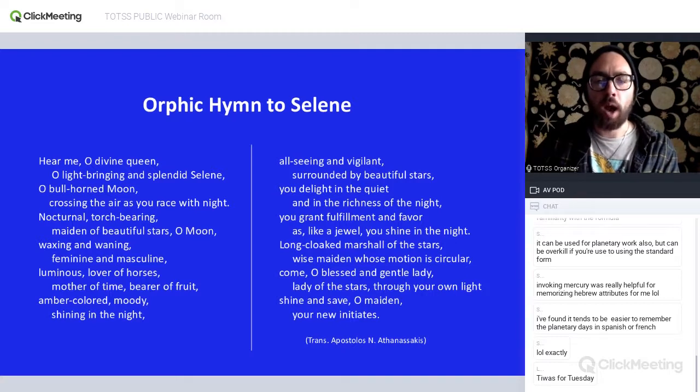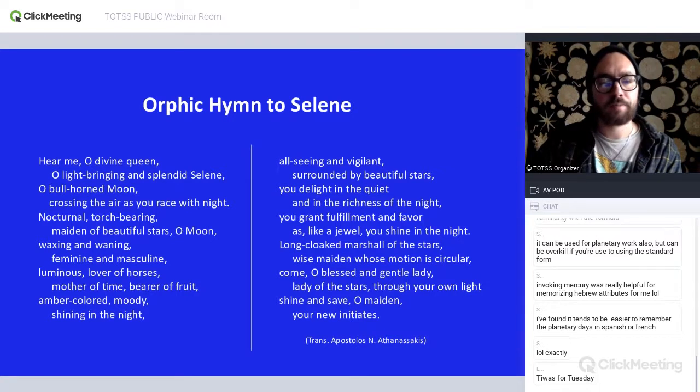You delight in the quiet and in the richness of the night. You grant fulfillment and favor as, like a jewel, you shine in the night. Long-cloaked marshal of the stars, wise maiden whose motion is circular. Come, O blessed and gentle lady, lady of the stars, through your own light, shine and save, O maiden, your new initiates.